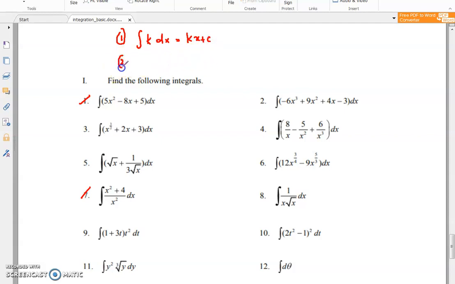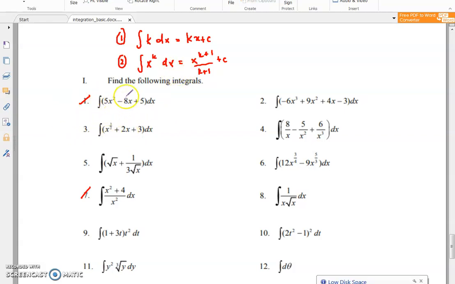The second formula: if we have the integral of x to the power of k dx, we are going to get x to the power of k plus 1 over k plus 1, plus c. So these are our two most important formulas that we are going to use in our integration techniques.